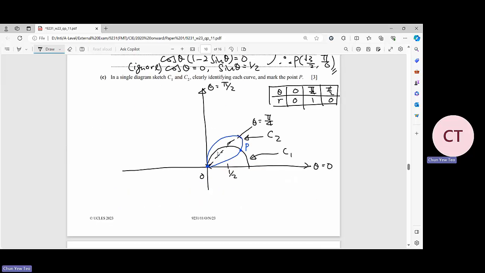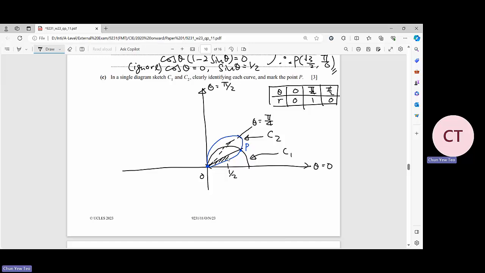So we are looking for this area. For this area, what you need to do is note that this area includes the line OP. This is the line OP.